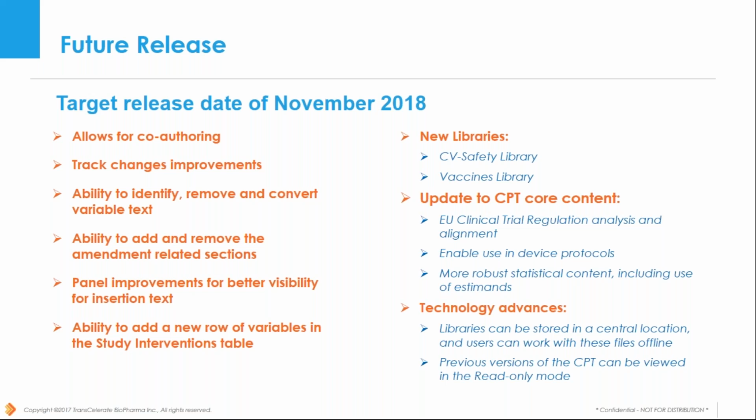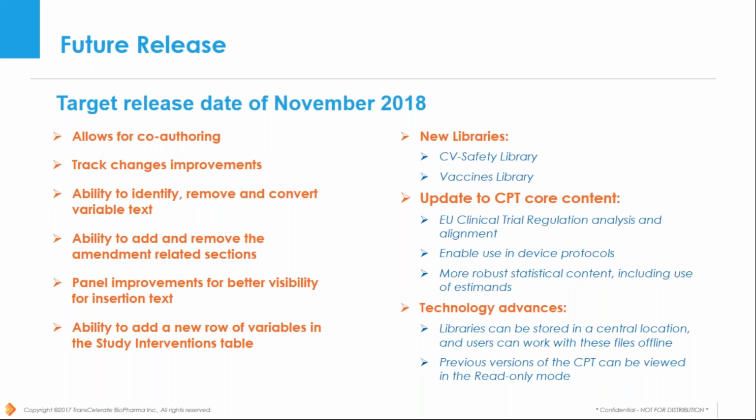We have the ability to identify, remove, and convert variable text, and the ability to add and remove amendment-related sections from the Common Protocol template. We've also improved visibility for inserting text in the CPT panel, and the ability to add a new row of variables to your study interventions table.